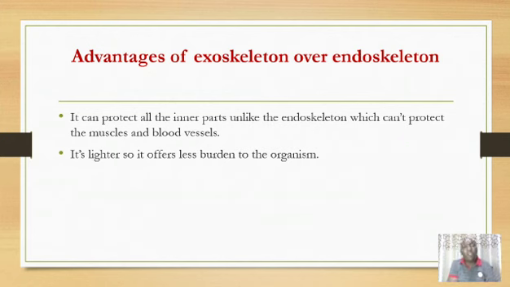Therefore, it does not protect all the body parts. Like the muscles and blood vessels, the endoskeleton cannot protect them, while the exo protects all the body parts. The exoskeleton is lighter and offers less burden to the organism. It is lighter. The endoskeleton, being made of bone, is heavier.